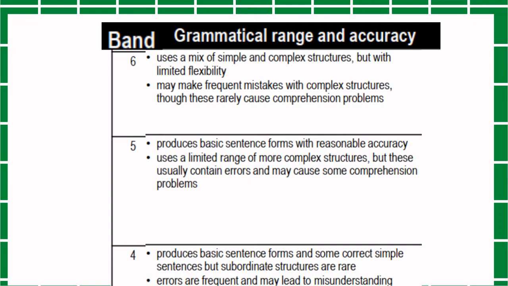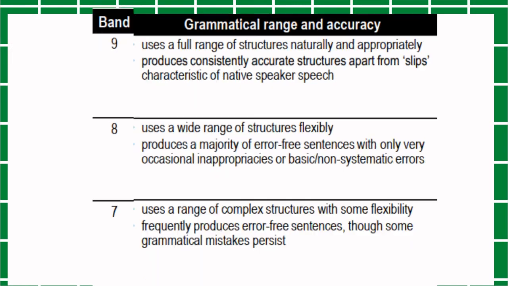For 6, there is a mix of simple and complex structures, and they may also make frequent mistakes with complex structures. For band 7, there is a range of complex structures with some flexibility, although grammatical mistakes may persist.